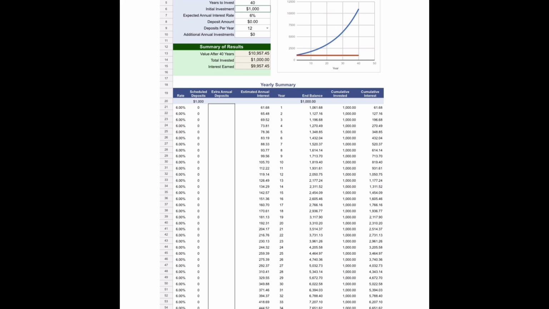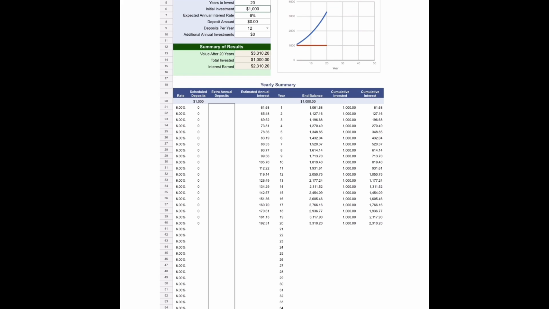So that is looking at it from, okay, put $1,000 in, 20, 30, 40-year time horizons, didn't add any additional money to the investment, and it averaged 6% growth every year over the amount of time that you're investing, right? Now we're going to look at it from the perspective of, okay, now it grew 8%. So we found a little bit better of a fund than the previous one. And this is where the rate of return becomes very important, right?